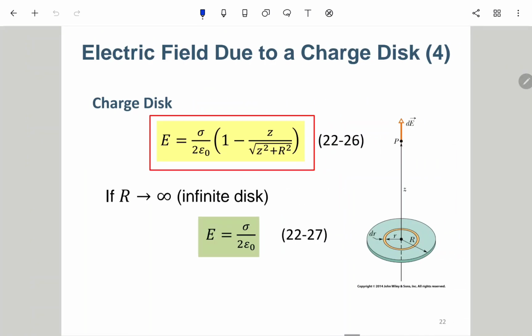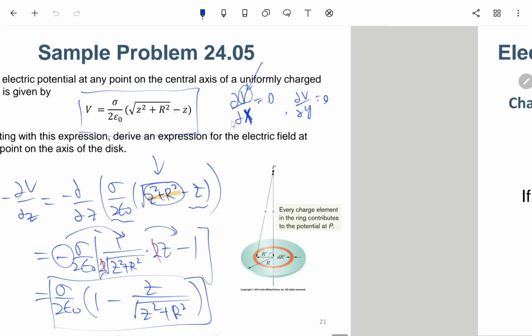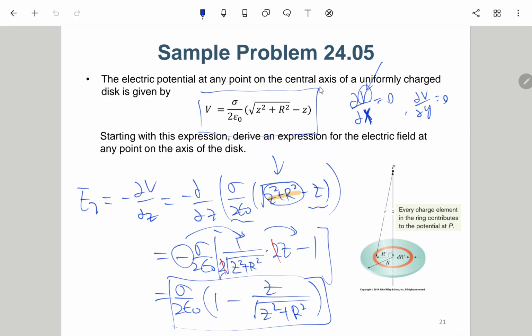And this expression appears again, for the third or fourth time. In chapter 22, we computed the E field on the z-axis directly by integrating the E field, and got this expression. In this chapter, we first get the expression for the potential on this axis, and then take the derivative, with a minus sign, to get the E field, with exactly the same expression.